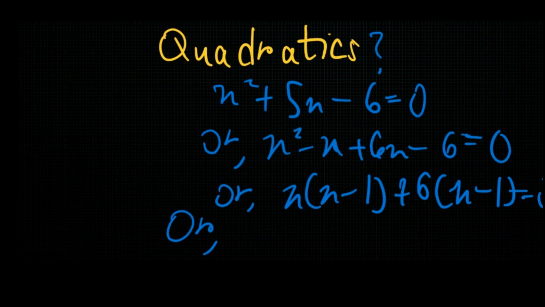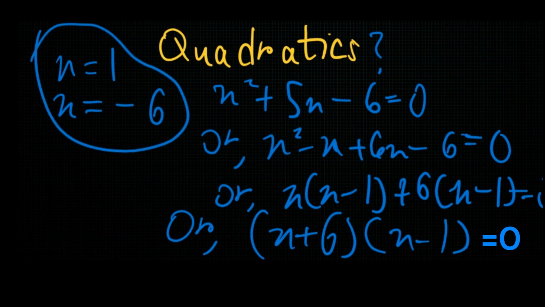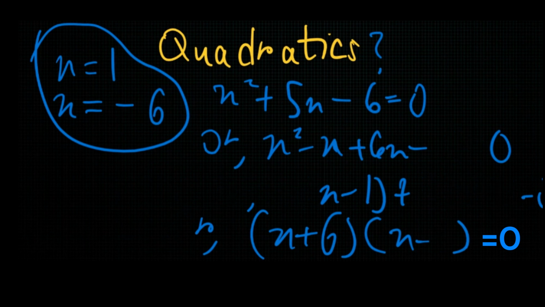Now we'll combine x and 6 to group x plus 6, and combine x minus 1 and x minus 1 into one unit, x minus 1. Once again, x minus 1 taken to the other side will be x equals 1, and plus 6 taken to the other side will be minus 6. So this is our answer for this equation. Now, what if we had something like this?